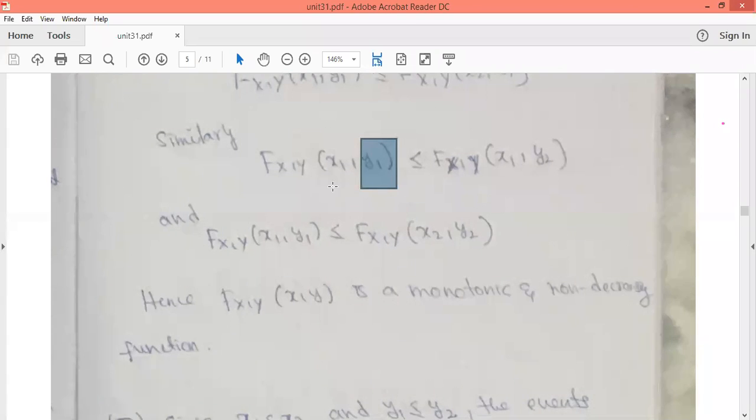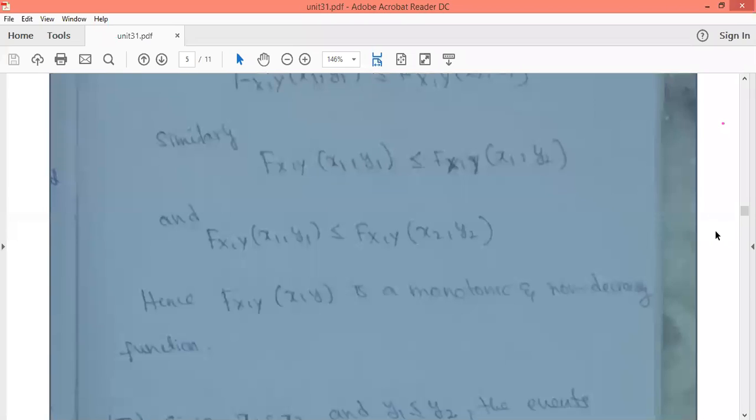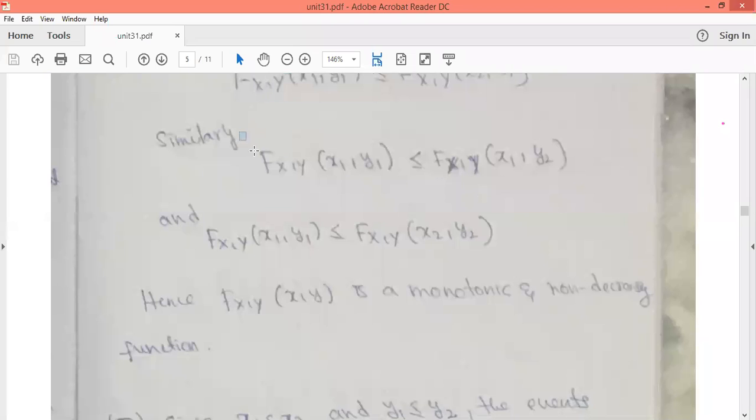From that we can know that Fxy of x1 y1 will always be less than or equal to Fxy of x1 comma y2, because the y2 value will always be greater than y1. So the probability of this value will always be greater than this value.